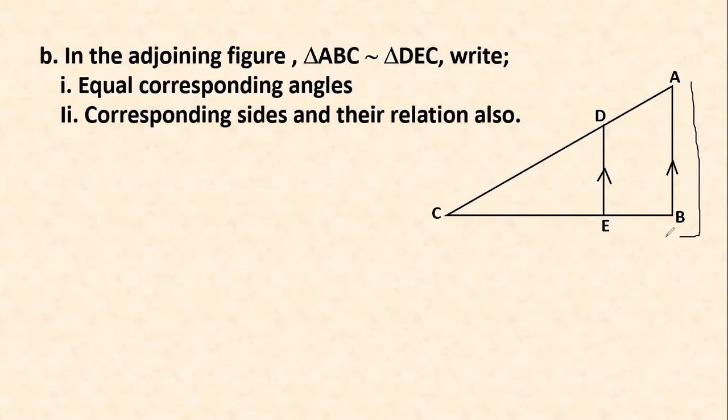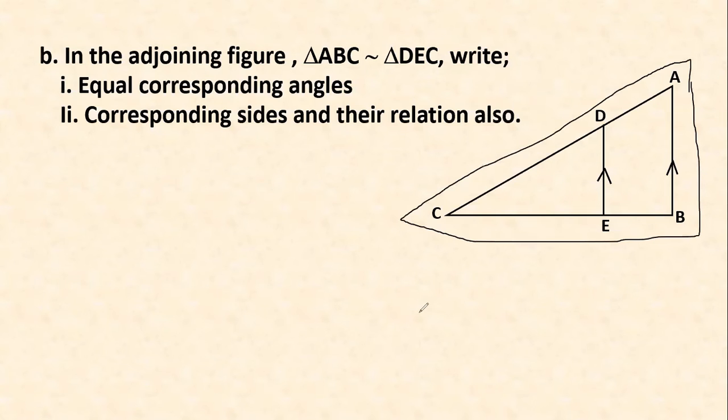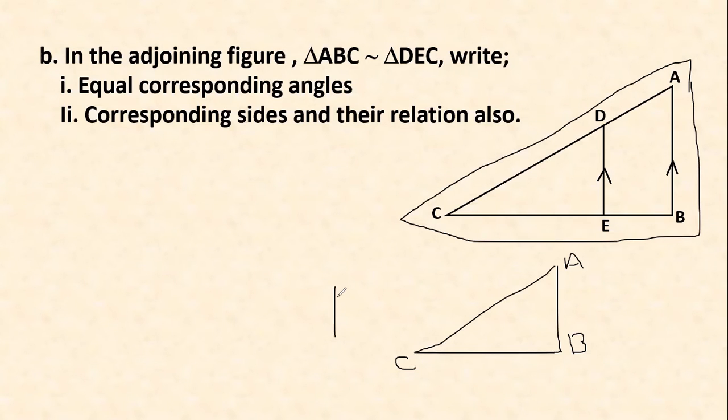Please look here: A is here and B is there, and C is here. And DEC means this is the small triangle. D, E, and here is C.